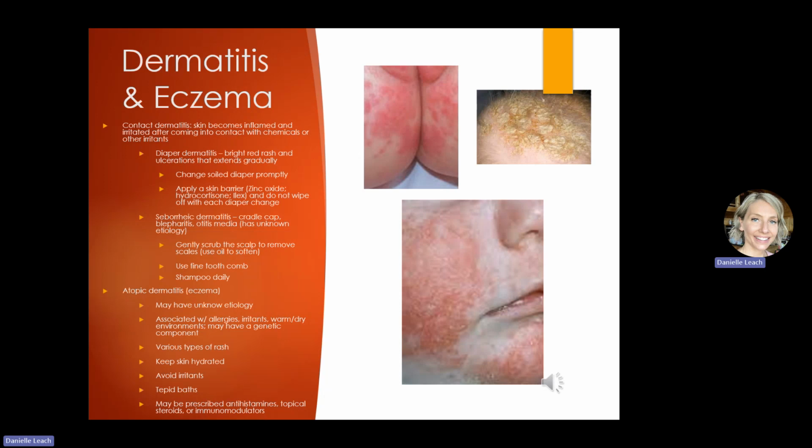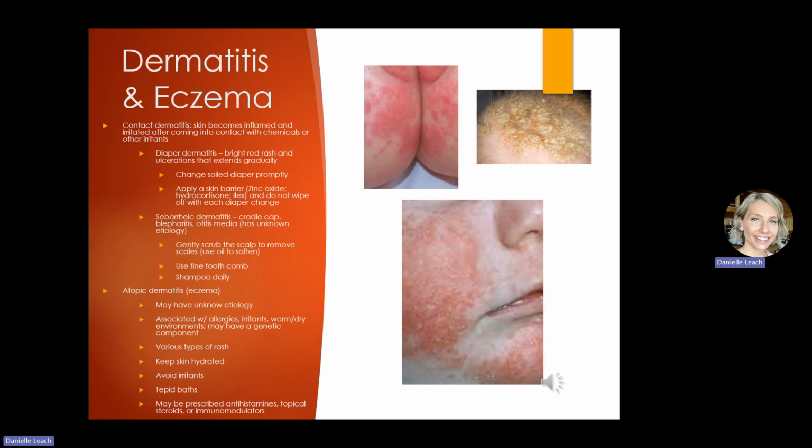So it can be associated with other allergies, irritants, so things like fragrance scented detergents or lotions or perfumes, warm, dry environments like Arizona. And there may actually be some sort of genetic component because sometimes it may run in families.